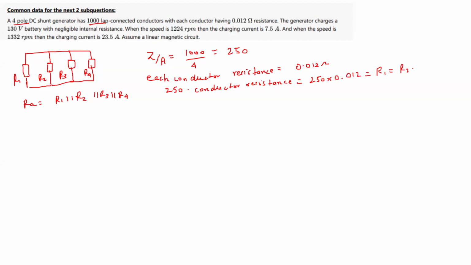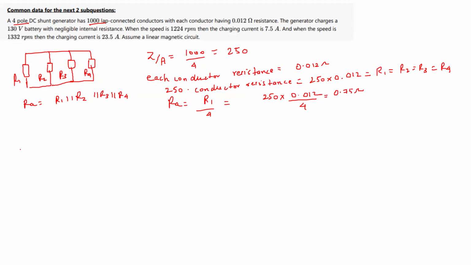This is for R1, this is for R2, this is for R3, this is for R4. Now what is RA? RA is R1 by 4 because of the parallel combination. So this will be 250 into 0.012 by 4, which is 0.75 ohms.